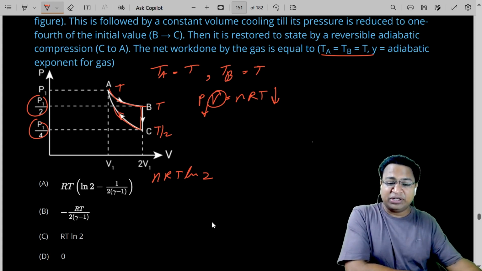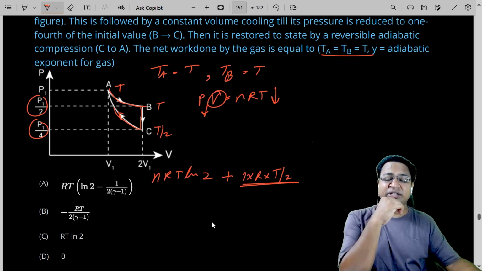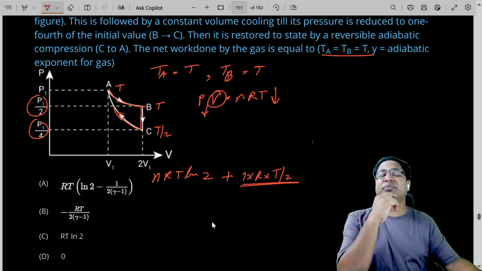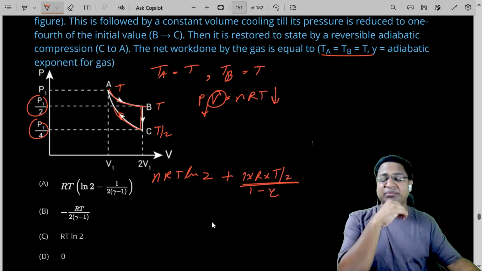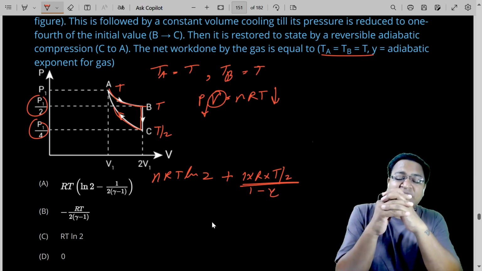How are we going to write that? We write it as plus nR delta T. The delta T here would be T by 2 minus T, so it would be T by 2. So nR delta T, and then for the adiabatic process, it is divided by 1 minus gamma. The temperature increased, and therefore the delta T value will be T by 2.